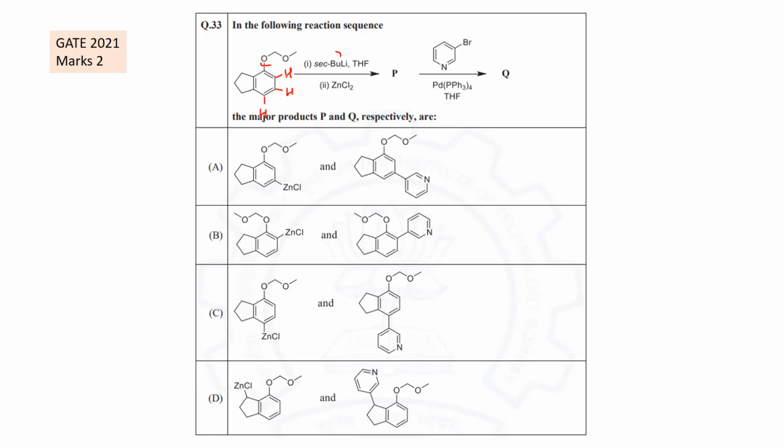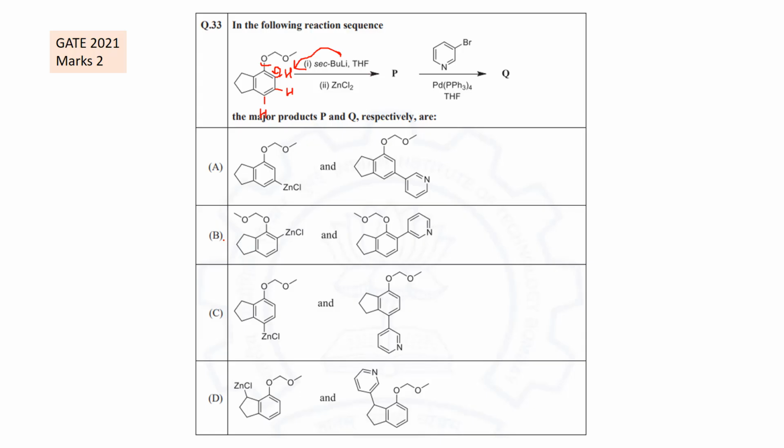Therefore it will take a proton from this ortho position, generating a negative charge here, and this negative charge will attack this zinc chloride, and one chlorine will be eliminated and it will form a ZnCl.